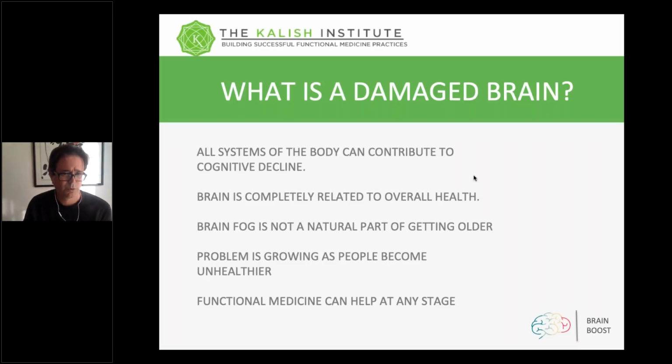And I think that's probably why a lot of you guys are on the call right now. So functional medicine and the protocols therein can help at any stage of this type of cognitive issue, because we're really looking at the person as a whole organism. Get the organism healthier, the brain will naturally become healthier as well.